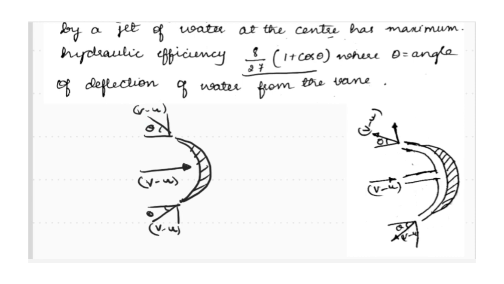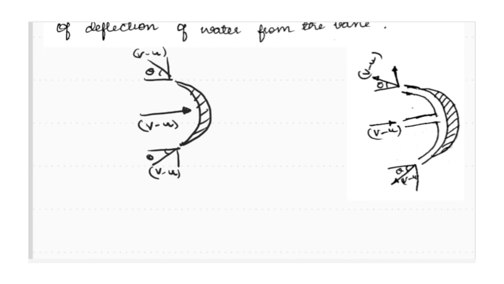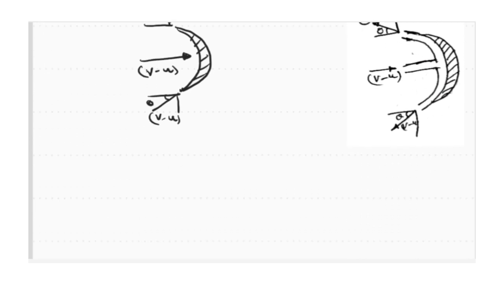So that is what I have attached the figure over here. So how to show it? So we should go with the equation of efficiency. Efficiency is equal to output of jet divided by input of the jet. So input of jet is nothing but force exerted by the jet in the direction of jet.